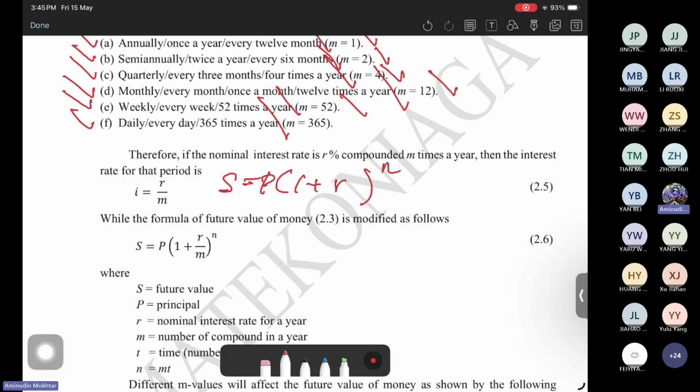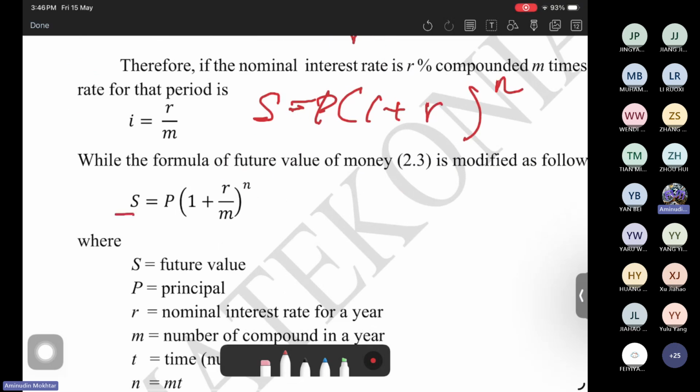Now we take into account the number of compounds. We need to know the number of m. So the formula now becomes S equal to P times 1 plus R over m, where R is the nominal interest rate, divided by m, to the power of n.